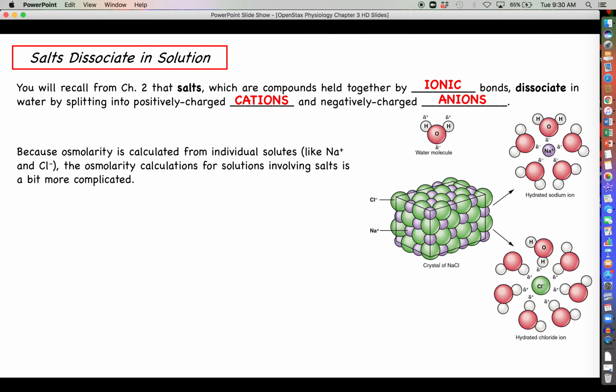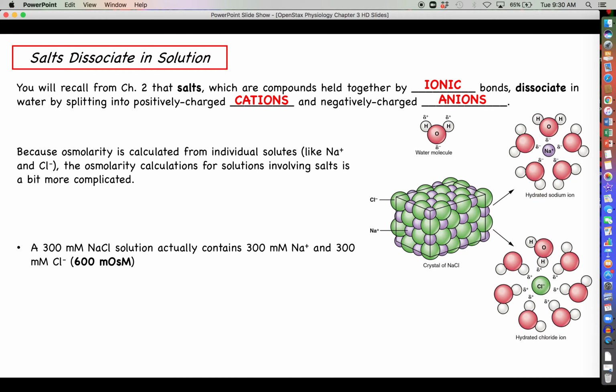You can see this picture, which probably looks familiar from Chapter 2. So the thing to remember is that after this dissociation occurs, osmolarity is all about individual solutes. So if you put a mole of sodium chloride into solution, you're going to generate a mole of sodium ions and a mole of chloride ions, essentially meaning that whatever the original concentration of sodium chloride was, you're actually going to end up with double the osmolarity.